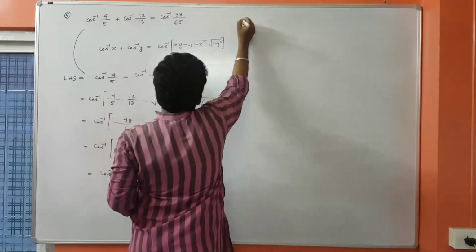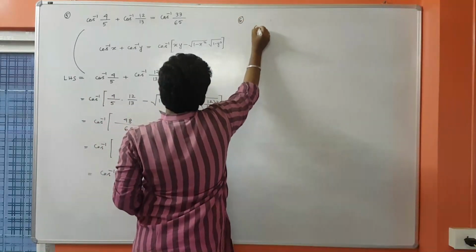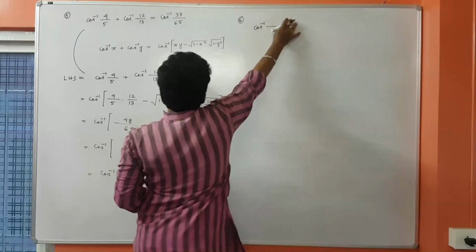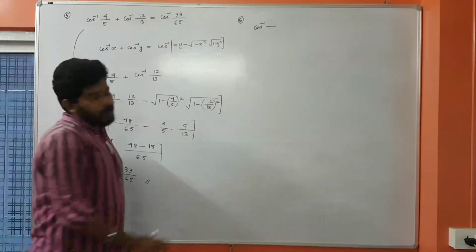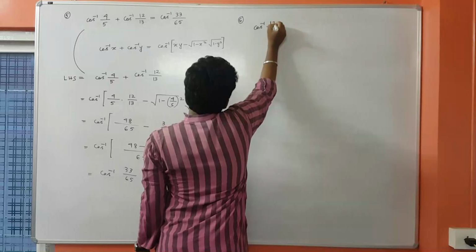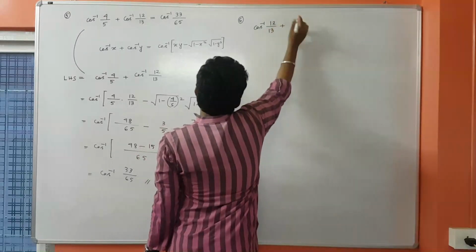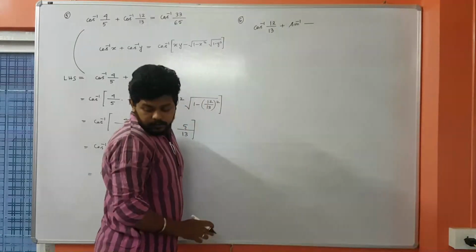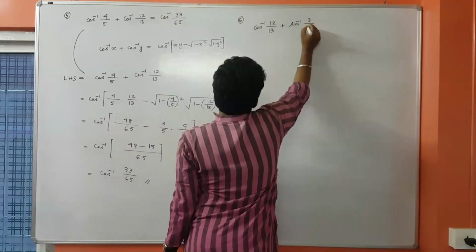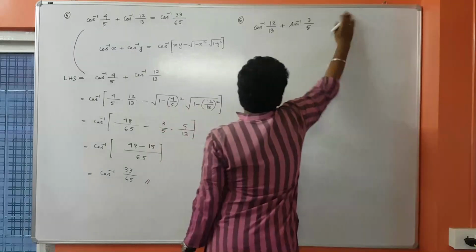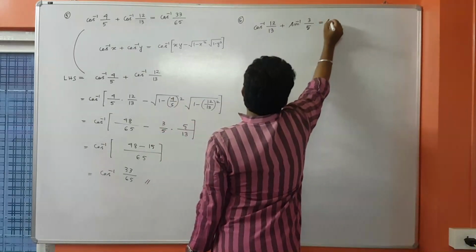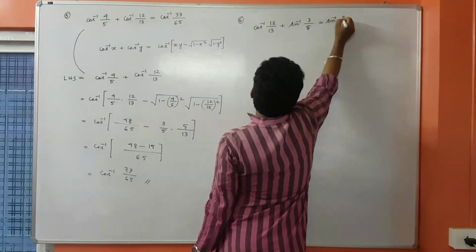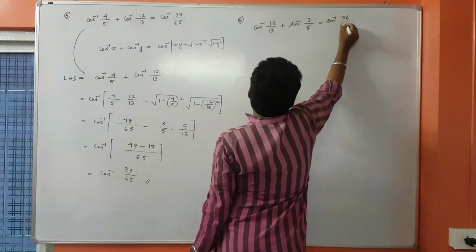You are given cos inverse of 12 by 13 plus sin inverse of 3 by 5 is equal to sin inverse of 56 by 65.